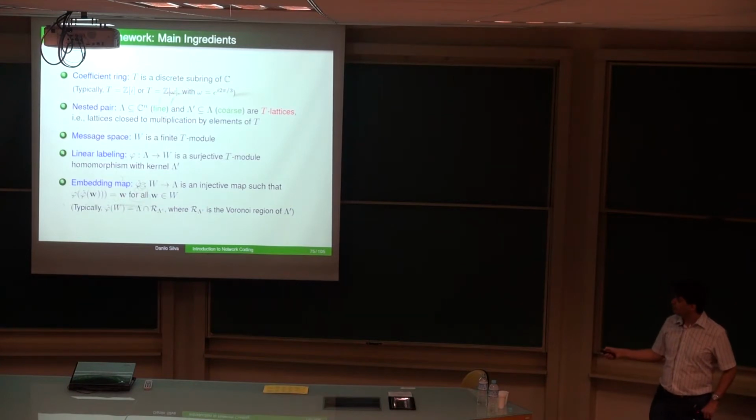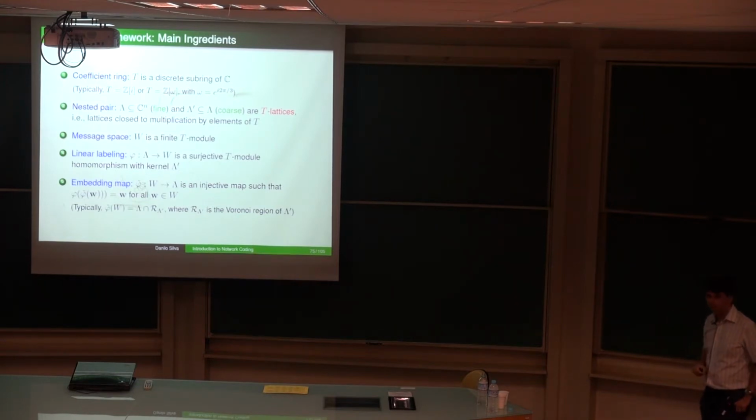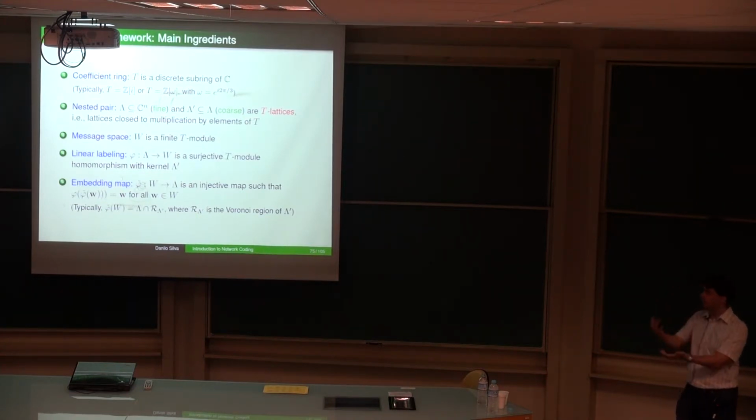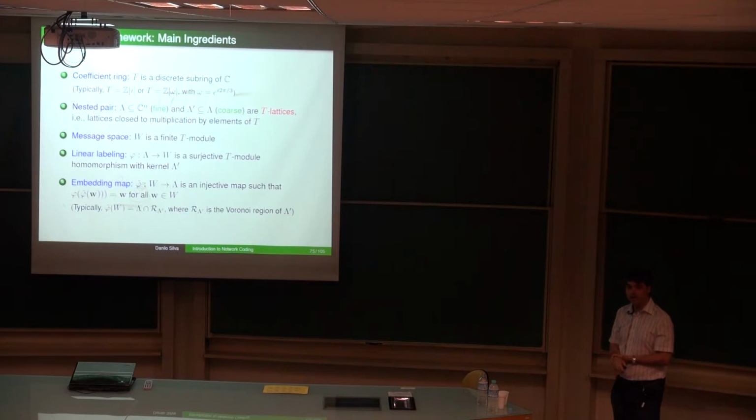And the kernel of this homomorphism must be your sublattice, your coarse lattice. You will also need an embedding map, just an injective map that takes messages to lattice points so that you can encode. But that's easy to get. If you have all of the ingredients, then you have a physical linear encoding scheme.